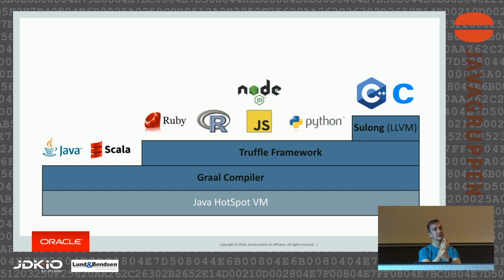interpreters for the languages. So if you imagine how you typically define semantics of a language, you would have an interpreter, you would parse your language program into something resembling an abstract syntax tree. So you will have a tree of nodes where every node is an operation, and then you would just iterate and go through the tree in some order and evaluate every node, and then this would be the simplest implementation of a programming language.